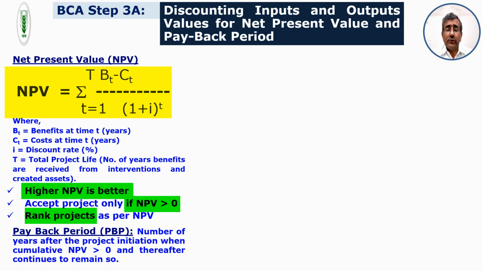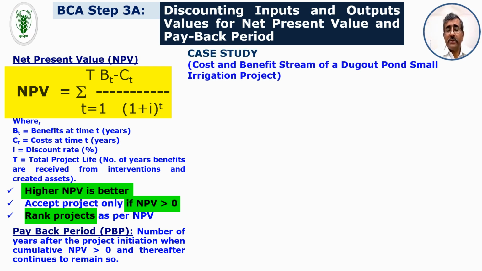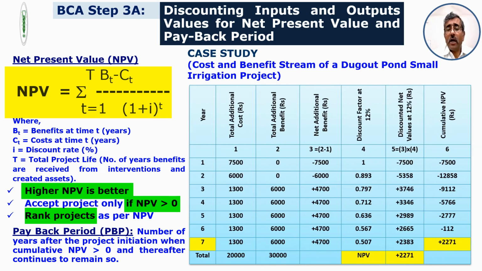So, to show the calculations using this formula, a hypothetical example has been presented here of a dugout pond small irrigation project. Under the total additional costs, in the first 2 years there are costs, but under the total additional benefits there are no benefits.